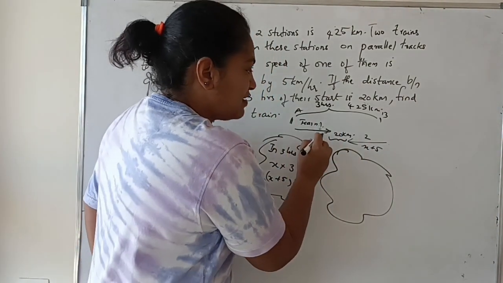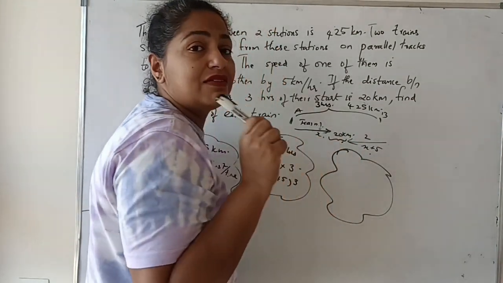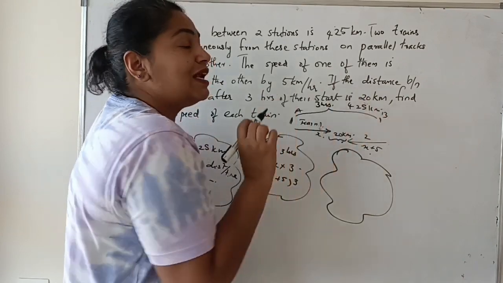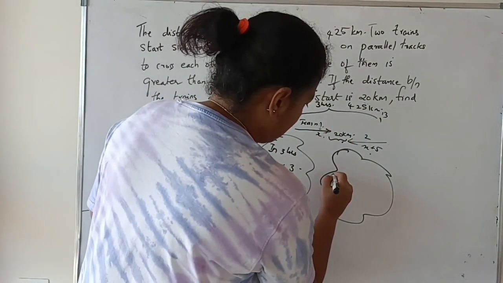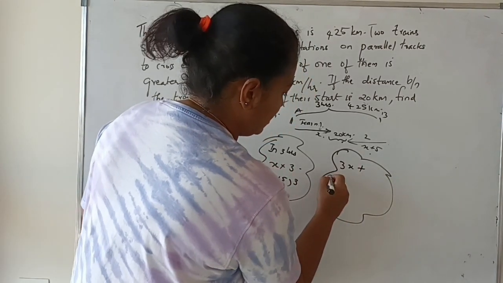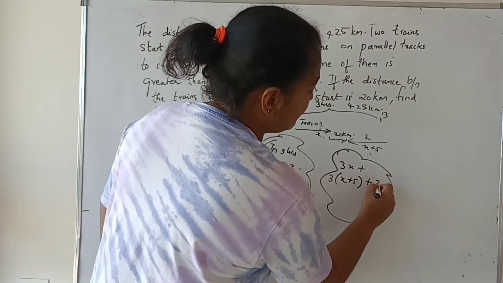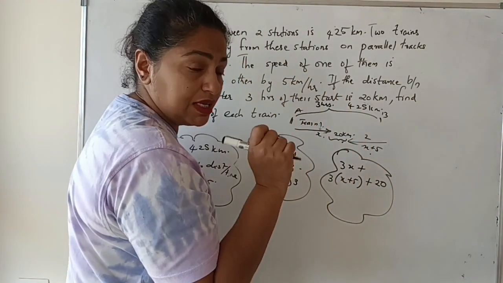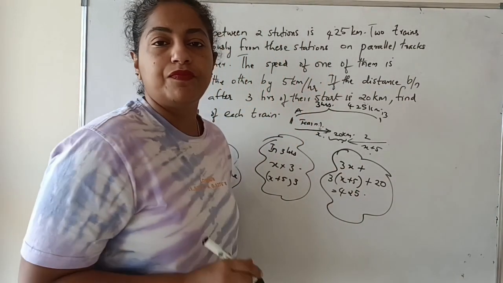So the distance traveled by train 1 plus 20 plus the distance traveled by train 2 is equal to the total distance of 425 kilometers. So I can write my equation as 3x, the distance traveled by the first train, plus the distance traveled by the second train, plus the distance between them, which is 20 kilometers, is totally equal to 425.